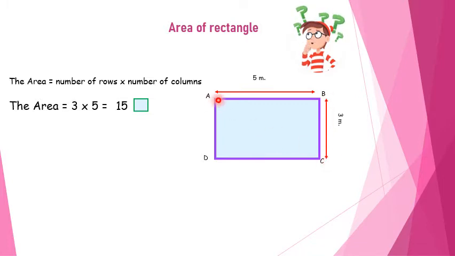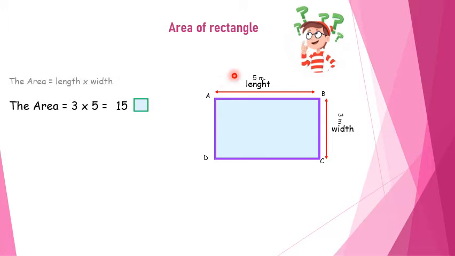So first I used to get from here columns and from here the rows, but now in the rectangle it's called length and width. So the long side is called length and the short side is called width. Okay? So if this length is 5 and this width is 3, and I want to find the area, I used to multiply number of row by number of column.